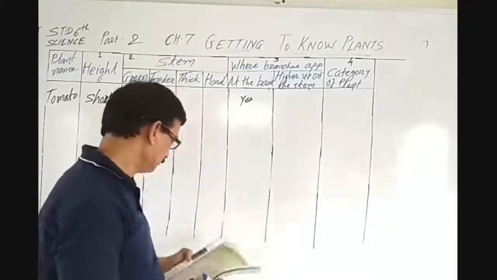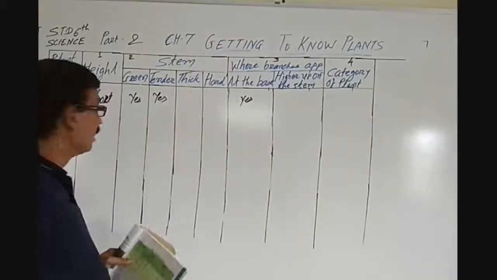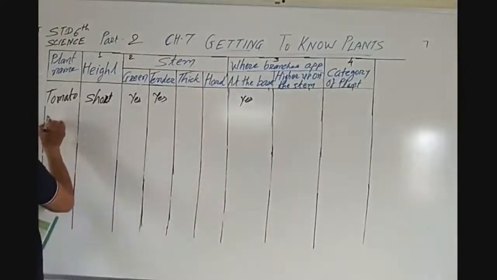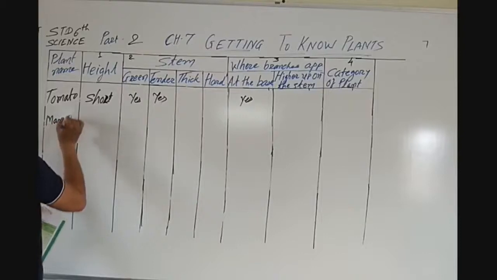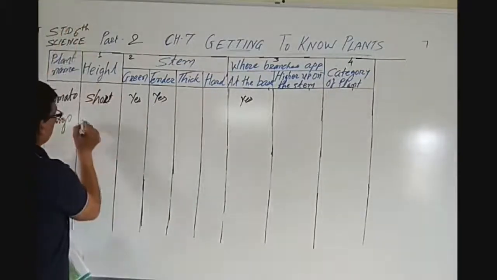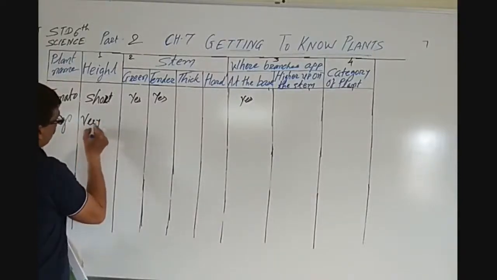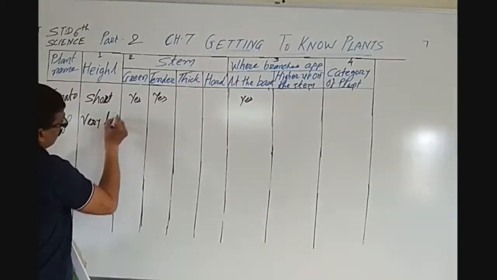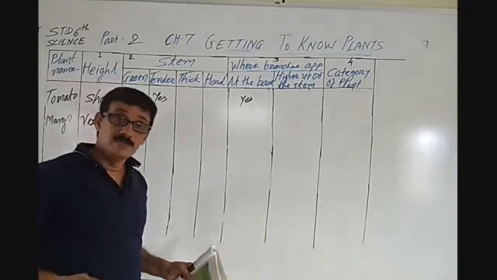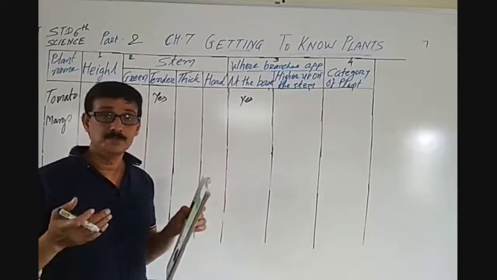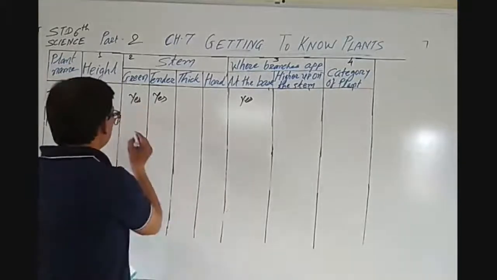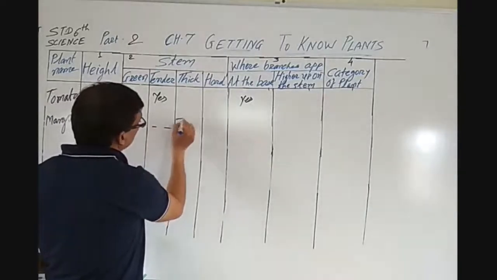Then after that, mango. You must have seen the mango tree. So let me write mango over here. It is very tall, so let me write very tall. Now the stem of the mango tree used to be very thick, so here I should write thick.